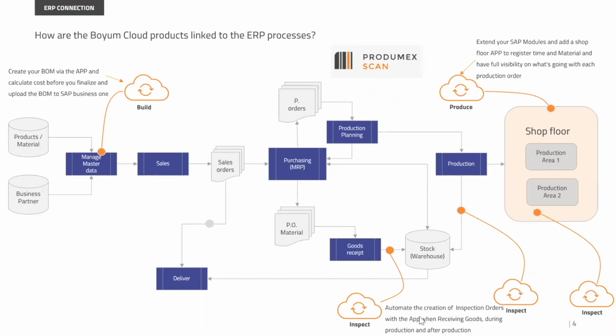And the beauty is if you have the app inspect, it's quality control, so if you do a quality control and inspection order during production, Produce will see it in the system. It will tell the operator from Produce, hey, there's a quality control order, and it will tell him it failed, it passed, and so on.